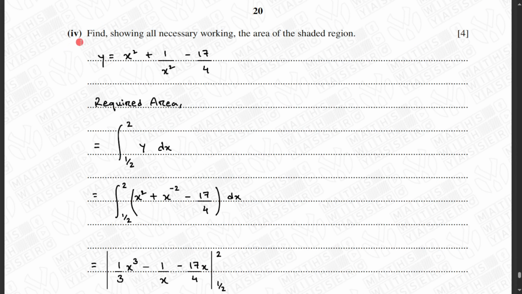In the fourth part of the question, we need to find, showing all necessary working, the area of the shaded region. So in order to find the area of the shaded region, we need to integrate this equation.